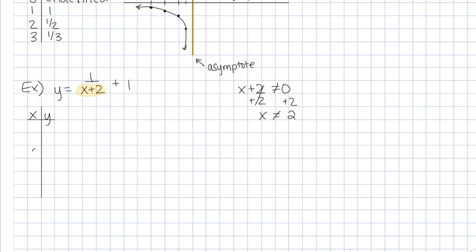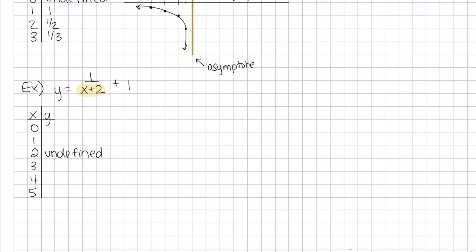So I'm going to make that be the middle value, because when I plug in 2, I would get an undefined. And notice how I can ignore everything else and I only need to look at the denominator.